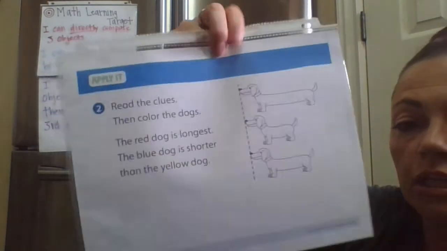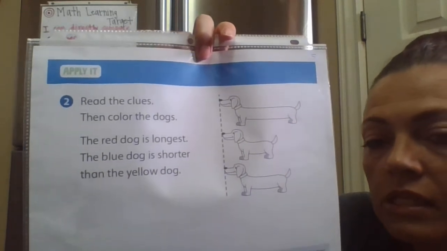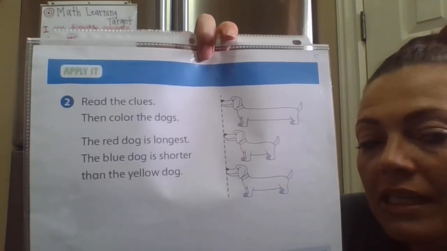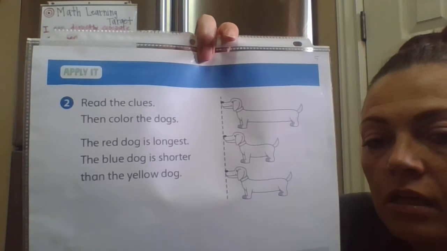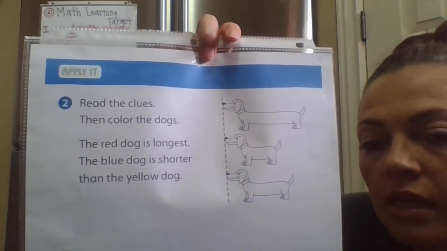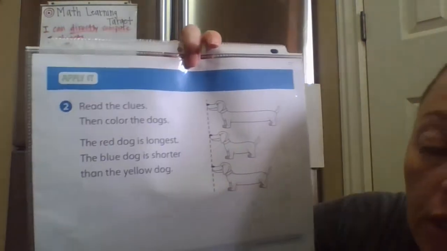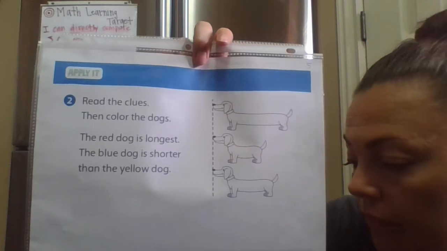This one says, read the clues, then color the dogs. It says the red dog is longest. The blue dog is shortest. The blue dog is shorter than the yellow dog.